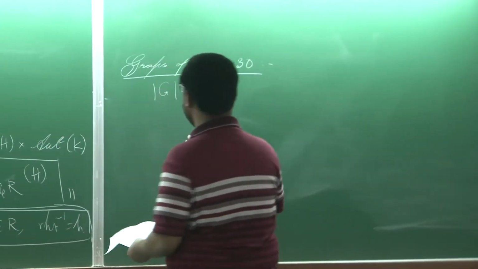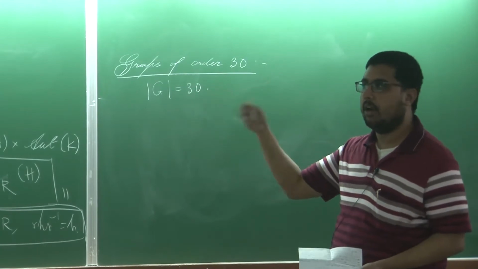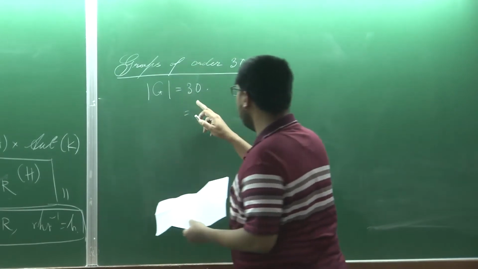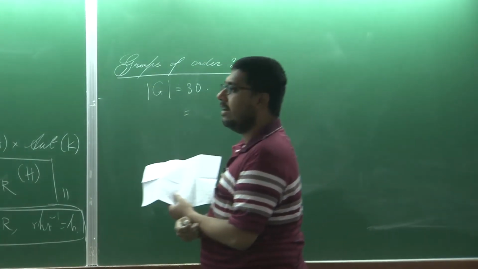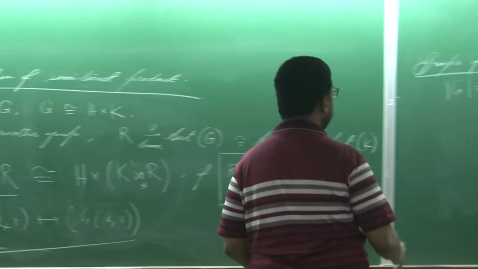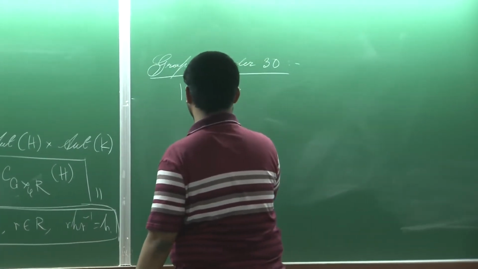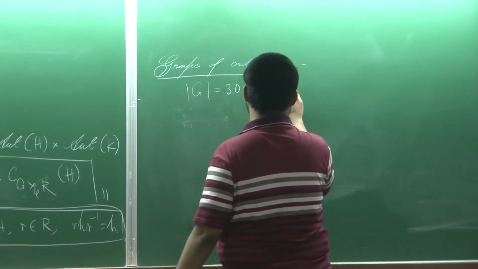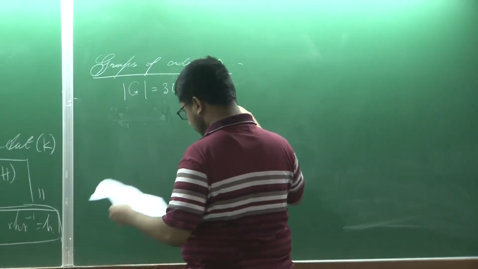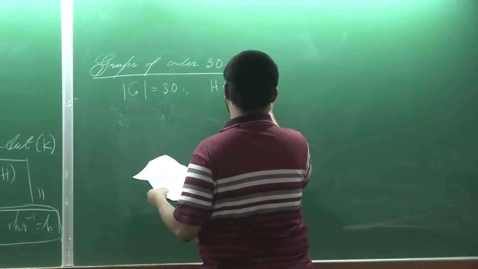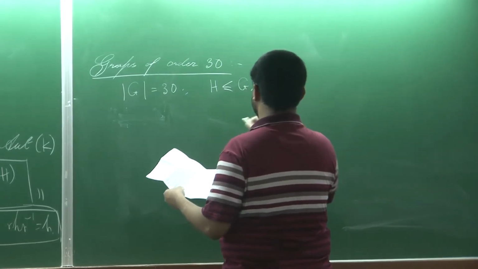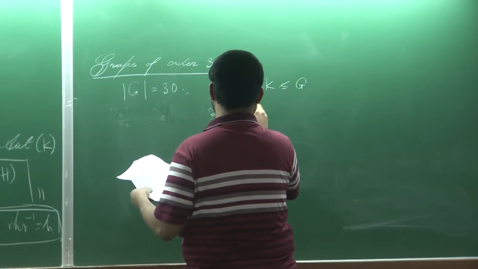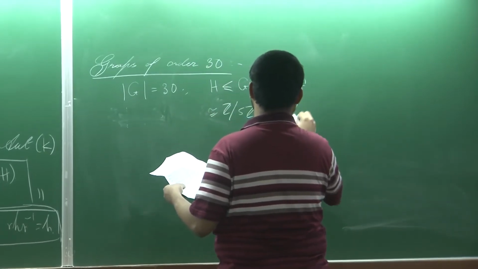As I said, H and K will be found using Sylow's theorem. So the order is 30, which is 3 times 5 times 2. Earlier we have seen that if G is a group of order 30, and H and K are the Sylow 5 and Sylow 3 subgroups of G, then H is isomorphic to Z modulo 5Z and K is isomorphic to Z modulo 3Z.